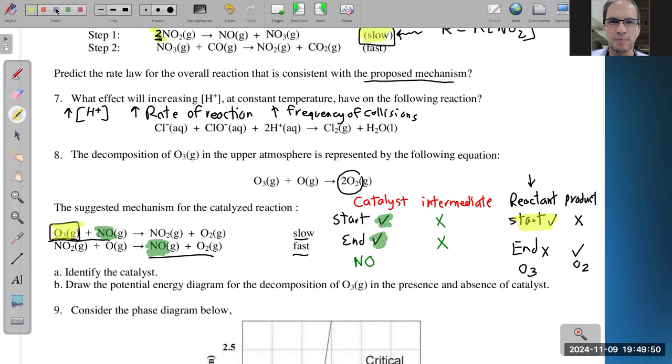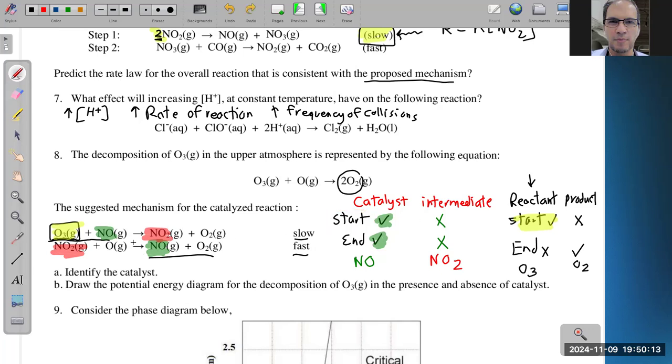Like what? Like the NO2. NO2 is produced here. هل كان عندك NO2 في reactants؟ No, it's not there in the reactants. طب هل هي موجودة في البرودكتس؟ اختفت خلاص. So something like NO2, it's not at the start and not at the end.